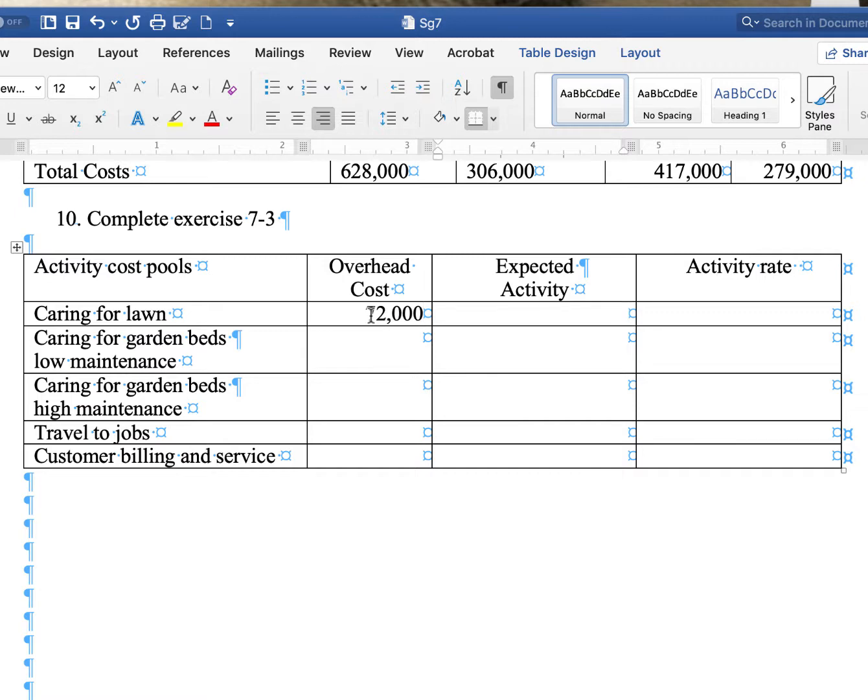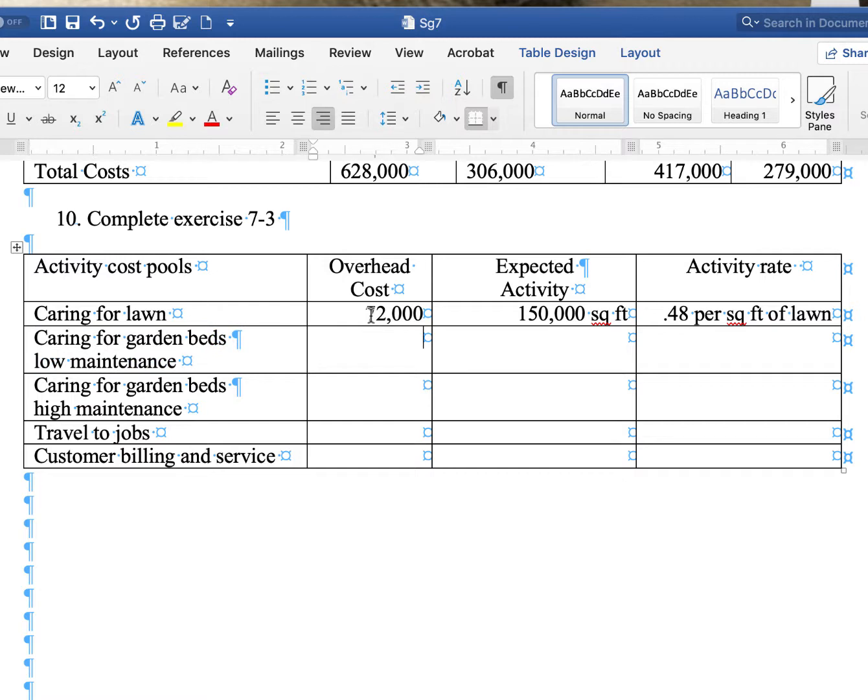The expected activity level is 150,000 square feet. We divide to figure out what our activity rate is. We end up with 0.48, or 48 cents per square foot of lawn.